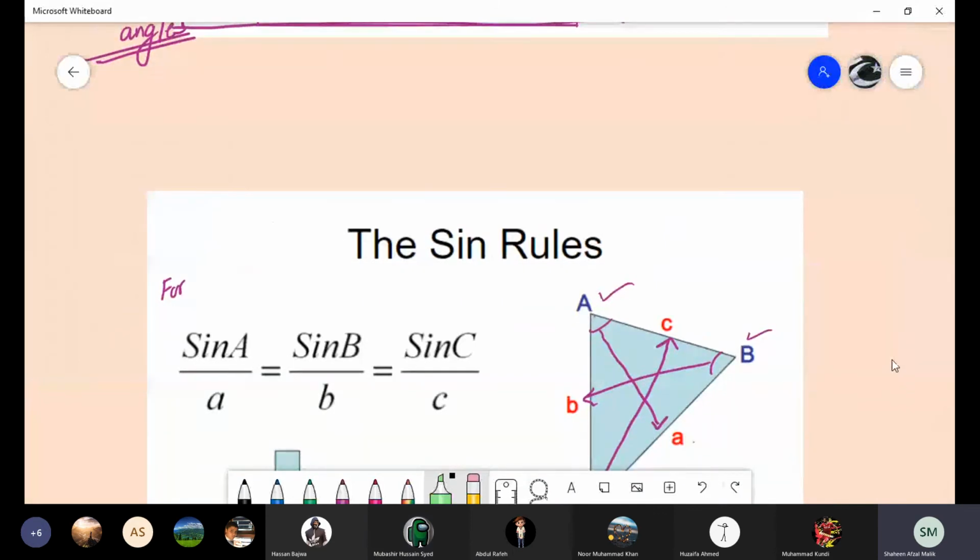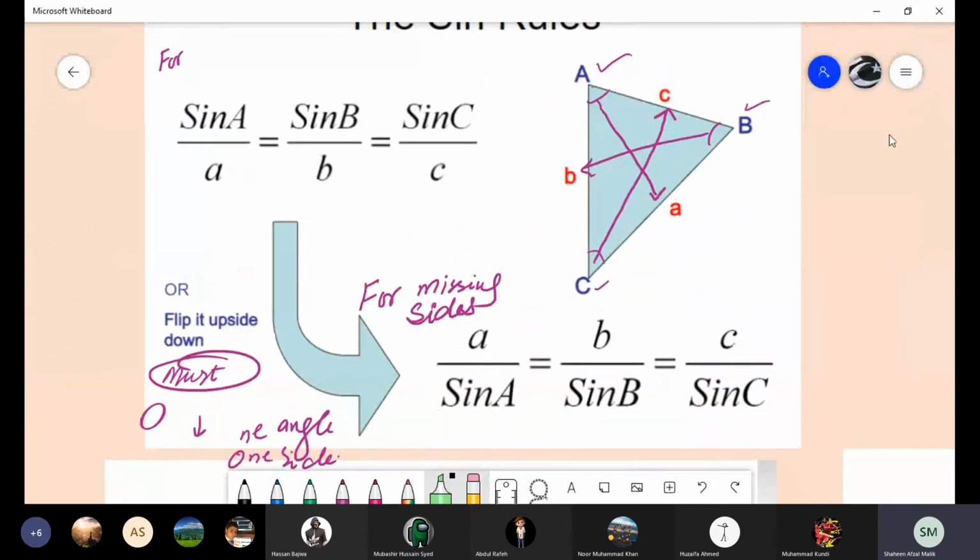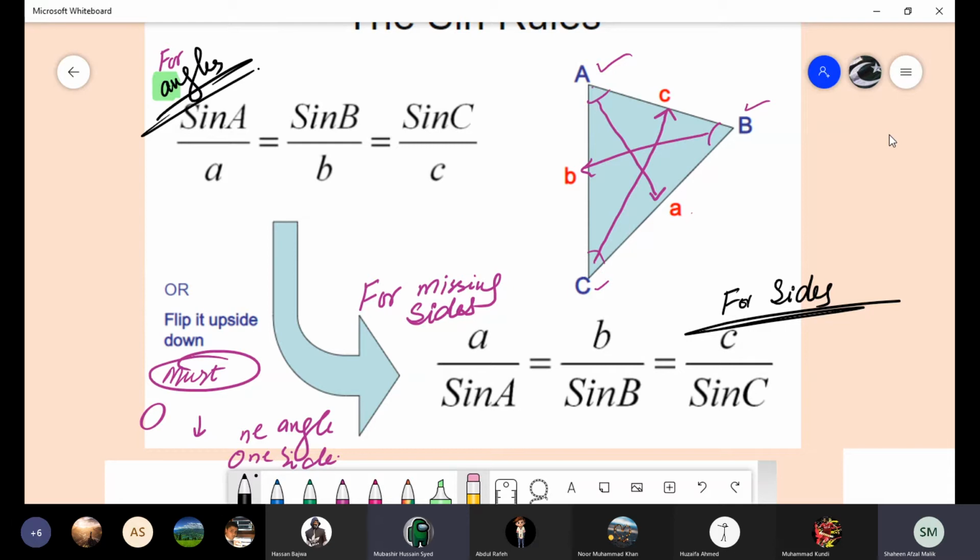I told you that this is for missing angles, and this we use for missing sides. Do you remember this? Yes, ma'am. So whenever we want to find missing sides, sides will be at the top. When we find the angles, angles will be in the numerator position. We have to flip it. You can write this or you can flip it. Okay.